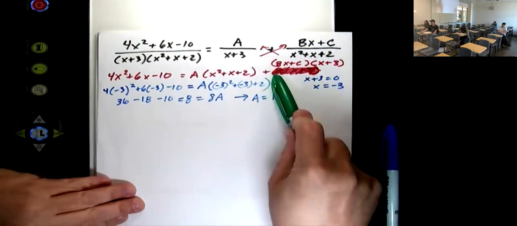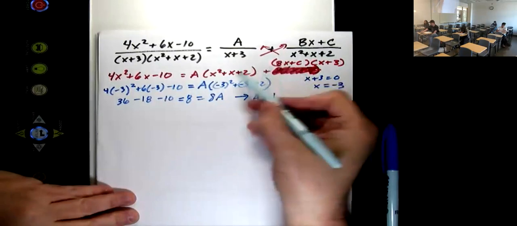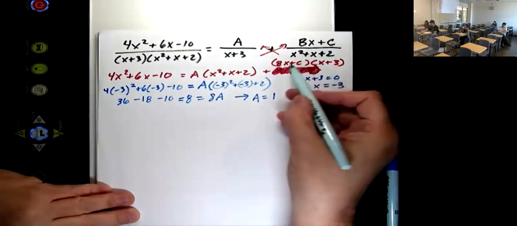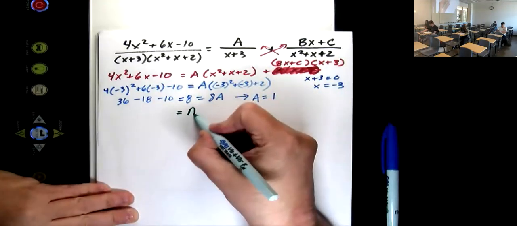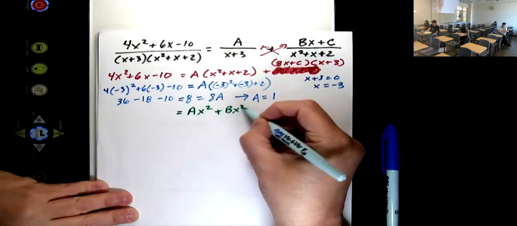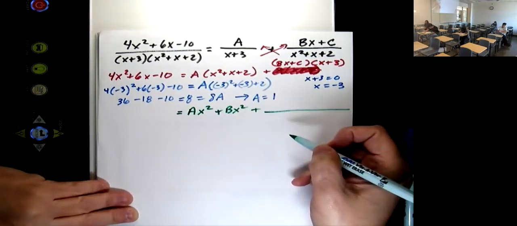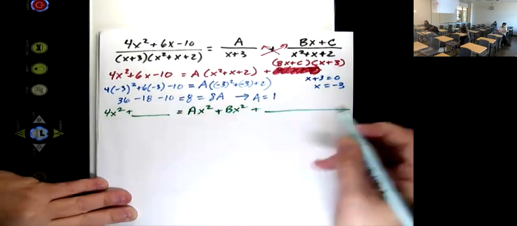Now we need b. The easiest way: when I multiply this out, I have an ax squared here, and a bx squared here, plus a bunch of other terms. Here, I've got a 4x squared plus a bunch of other terms.